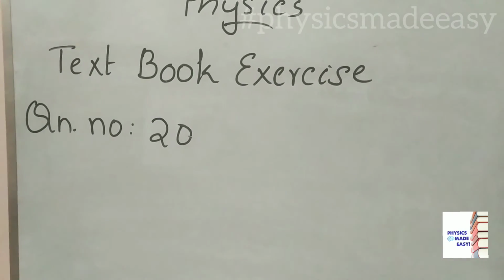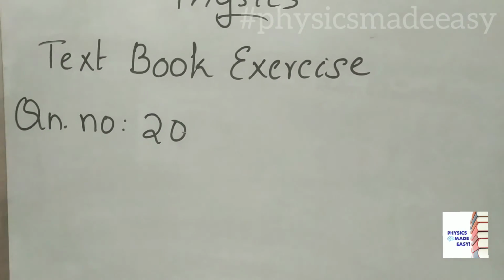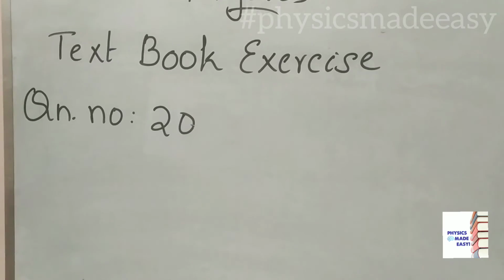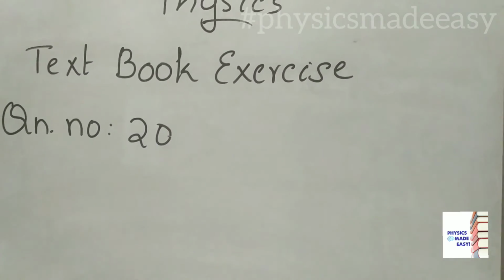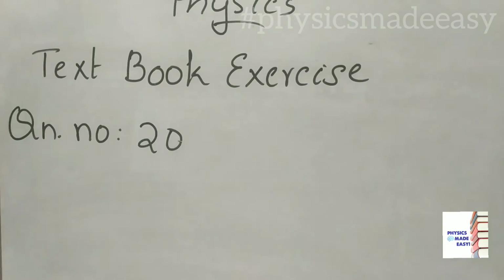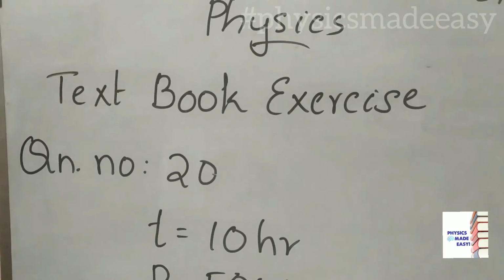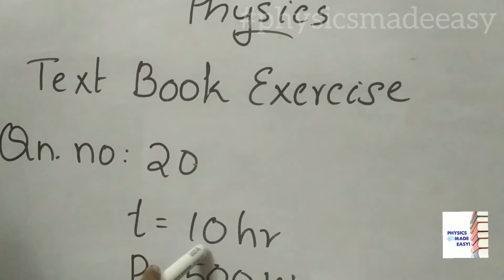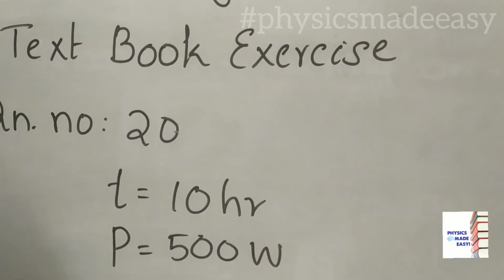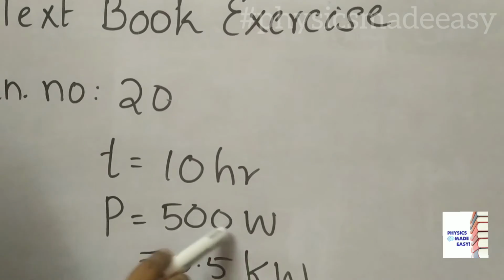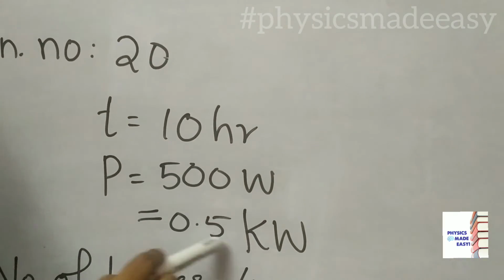Question number 20. Last question. Find the energy in kilowatt hour consumed in 10 hours by 4 devices of power 500 watt each. Okay children, here time is equal to 10 hours. Power of the device is equal to 0.5 kilowatt. 500 watt we have to convert into kilowatt, 0.5 kilowatt.